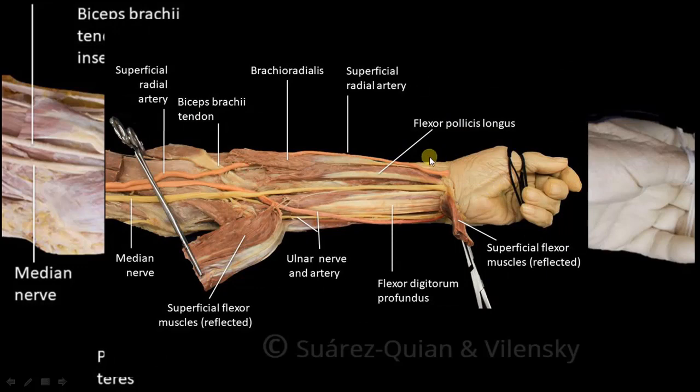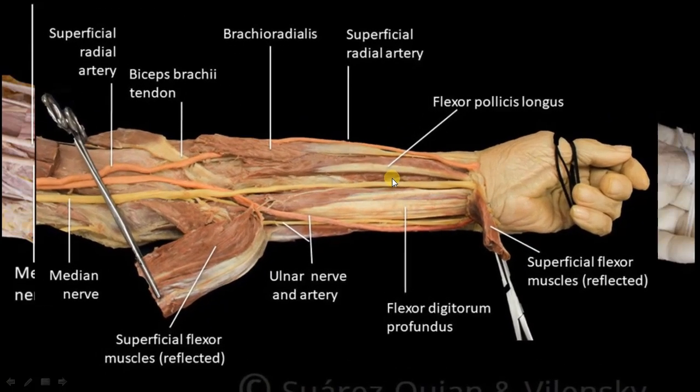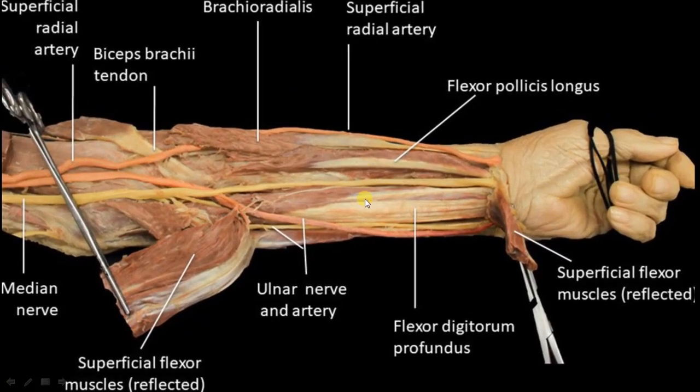The next group of muscles you see here, the intermediate group, is the flexor digitorum superficialis, one muscle alone, which has been reflected to show the deep group. That is the flexor digitorum profundus. It consists of 4 tendons and is inserted into the distal phalanx of the medial 4 fingers.